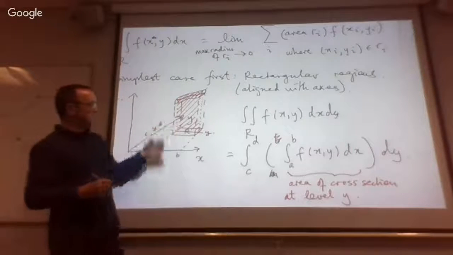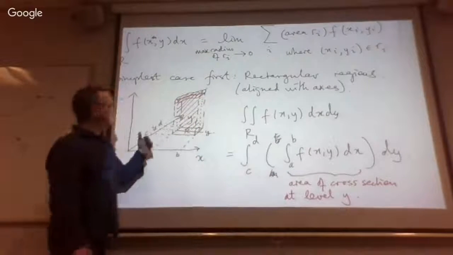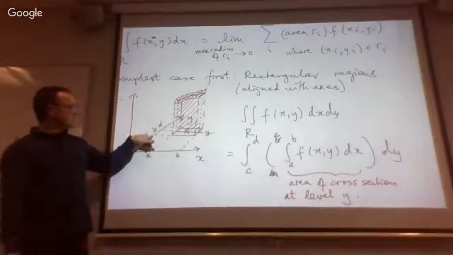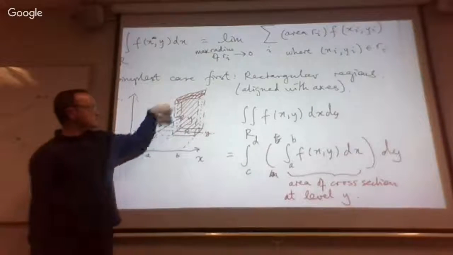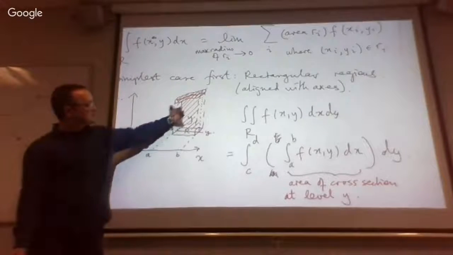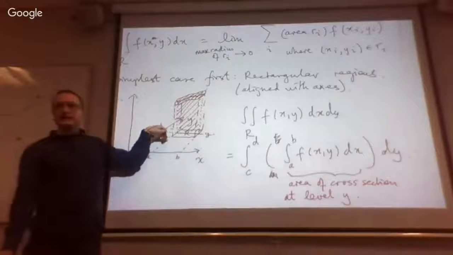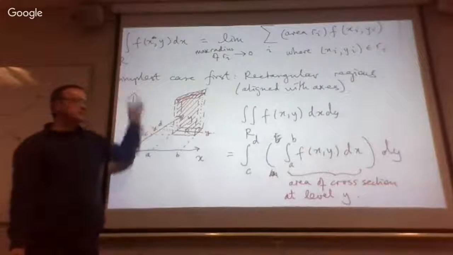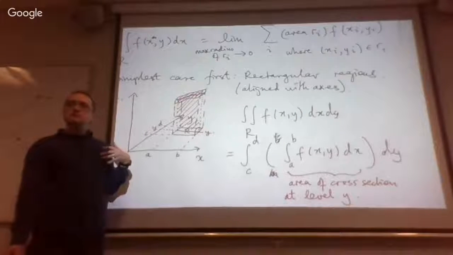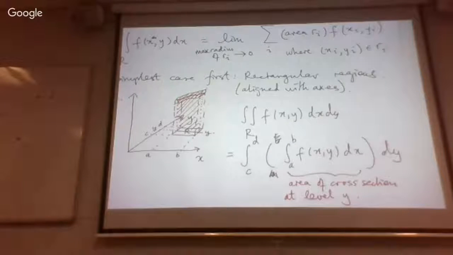So when you integrate this cross-sectional area across the cylinder from the starting value of y at c, that's when this cross-sectional sheet will be at the front of this diagram. You integrate it to the back all the way to the value d. You're summing up all the areas of these vertical sheets. And that idea of slicing a three-dimensional volume up into an infinite amount of sheets and adding up all their areas gives you the volume of the three-dimensional space.